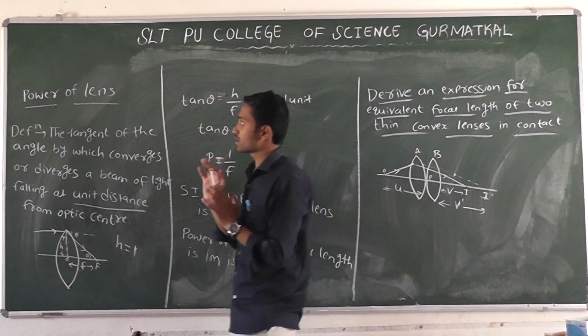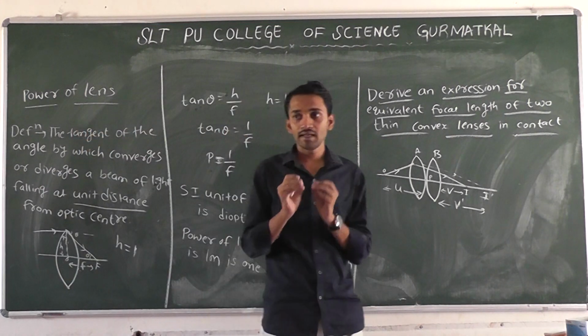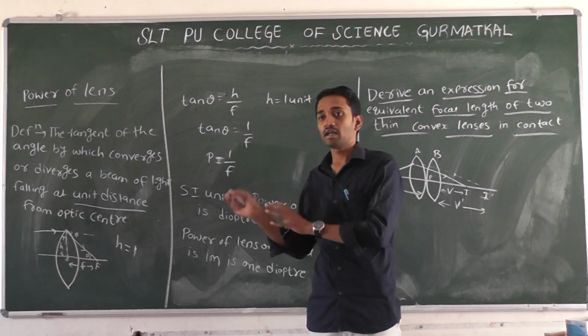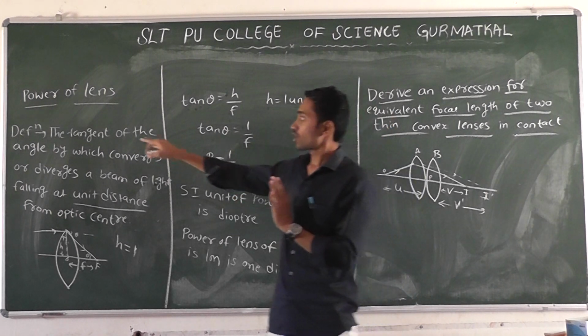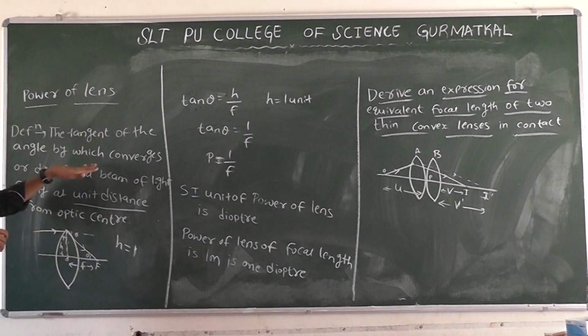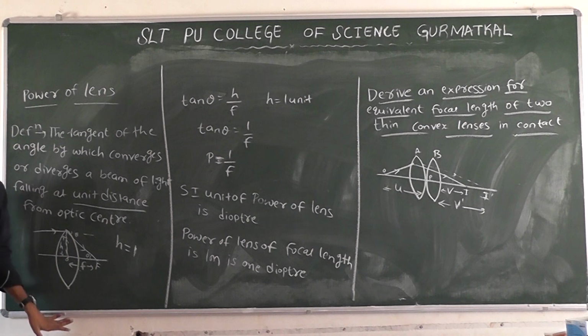So in simple definition, it is the ability of the lens to converge or diverge rays of light. According to the book definition, it is the tangent of the angle by which it converges or diverges a beam of light falling at unit distance from the optic center.